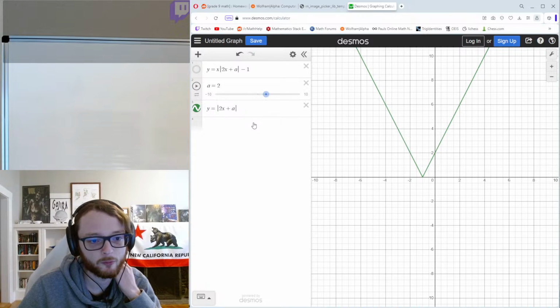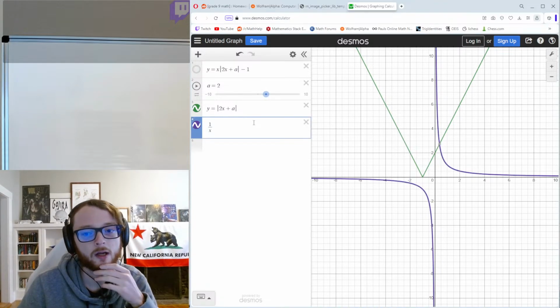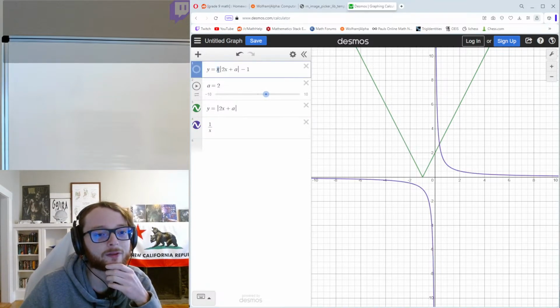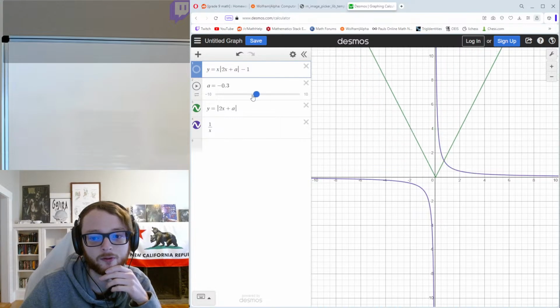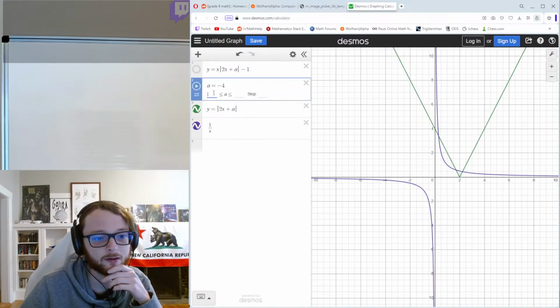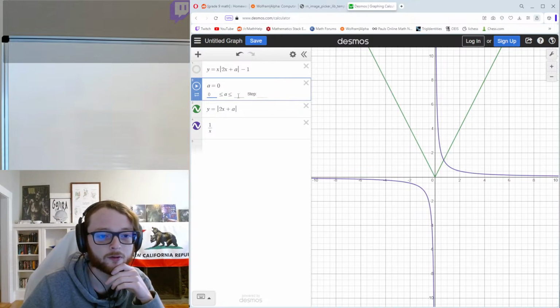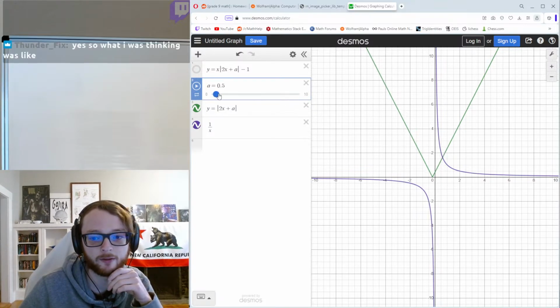And 1 over x, 1 over x. Oh, because when you get this other x in the mix, what they're basically having to do is find the intersection between the two curves. I need 0 is less than a is less than 10, because we're not allowed to have negative a's, so let's not even bother considering those.